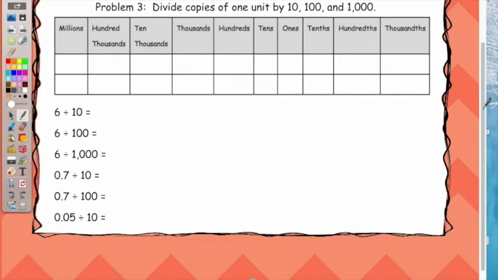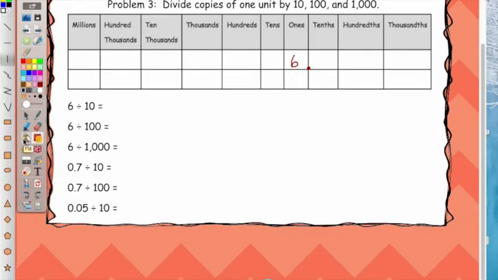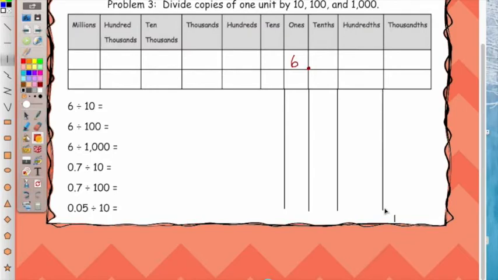Okay, so we're going to start with 6 ones, and we're going to go slowly because you're going to go back and forth from your paper to your place value chart, okay? So start with 6 ones, put that on there. I don't think I need very many.